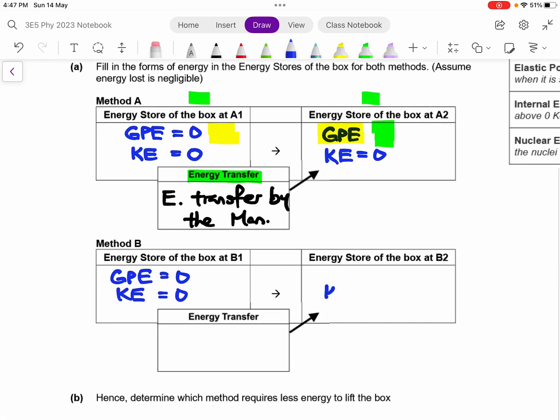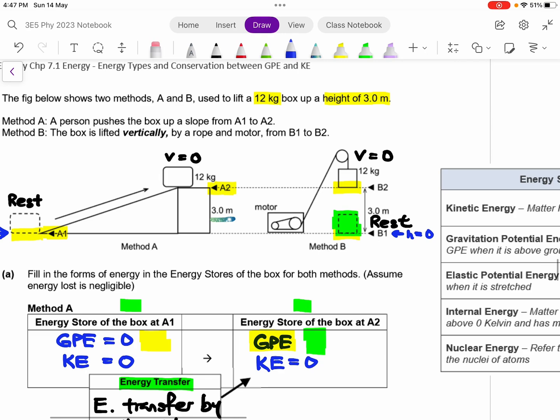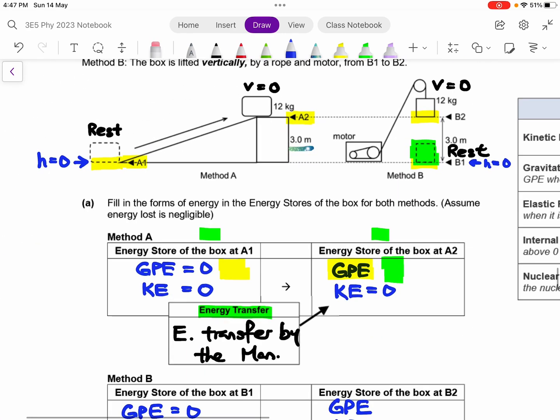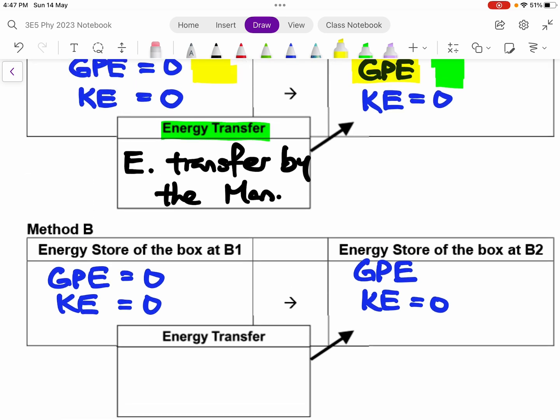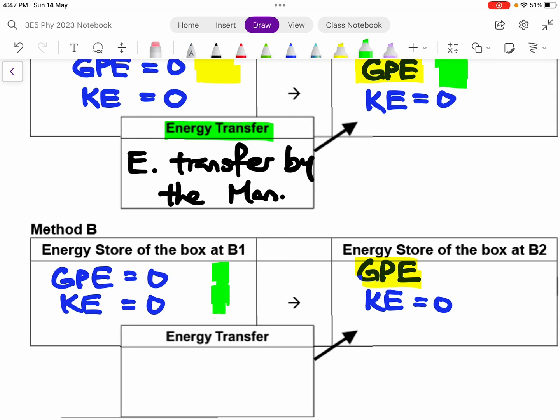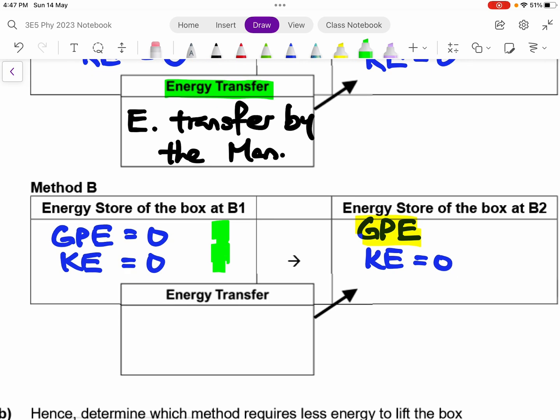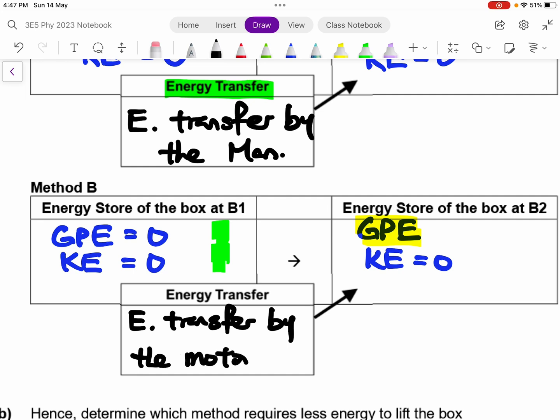So because of that, your KE would be 0 because you want the minimum amount of energy. But because you have reached the top, you got more height, so at B2 you will have GPE. Then you will also again notice that your final state has more energy than your initial state. So you need to account for where this additional energy comes from, right? This energy must have come from the motor. So now you know that there must be energy transfer by the motor to the box.